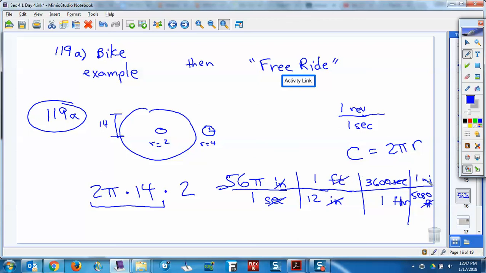So now feet are gone. So now we're down to miles per hour. Okay, so 56 pi times 3,600 divided by 12 divided by 5,280. Whatever. Okay, I've got roughly 10 miles per hour, approximately.